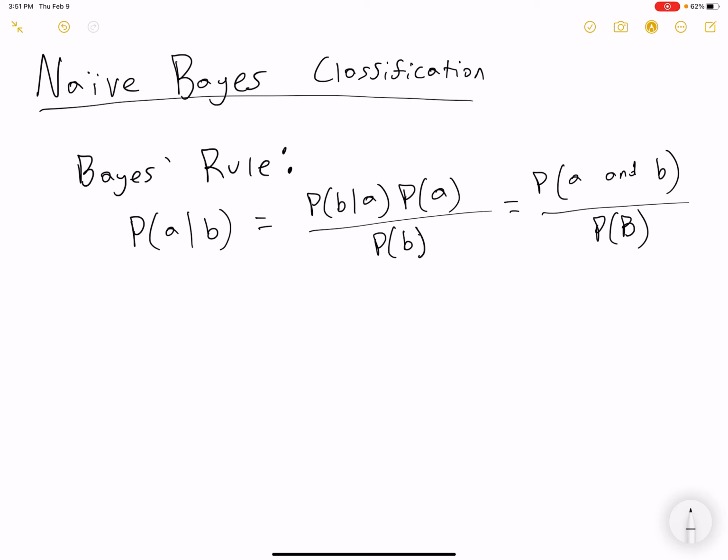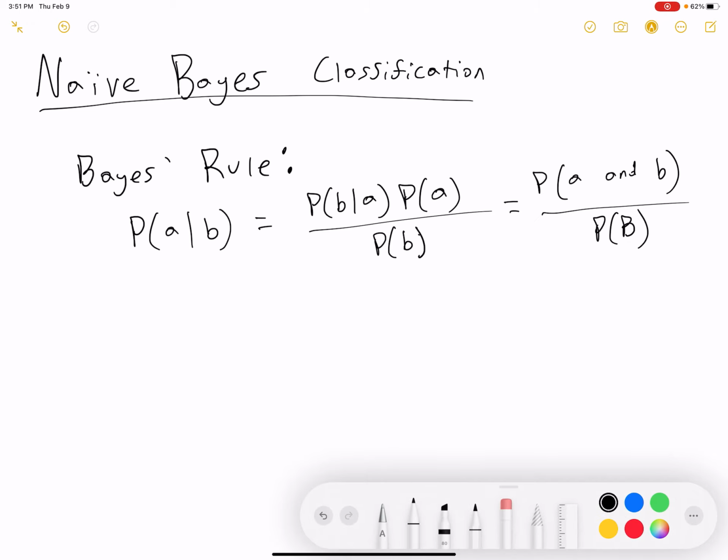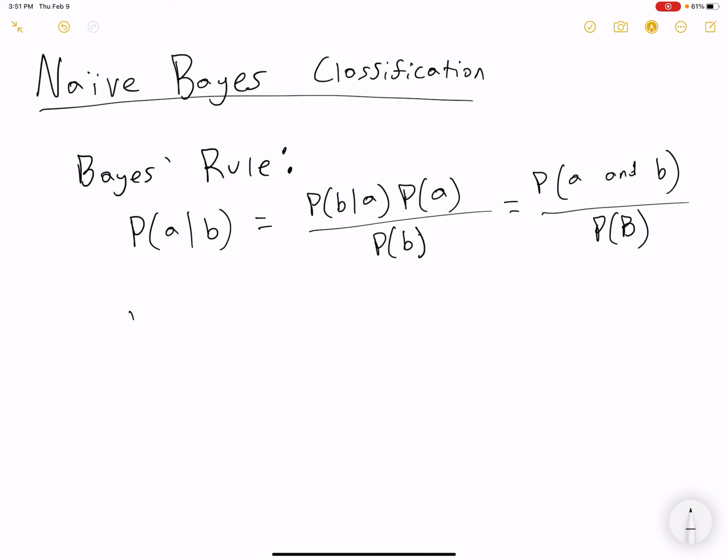And so for classification, what we're interested in is modeling the probability of each output class given the data.